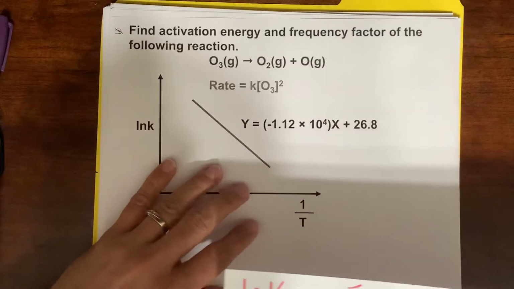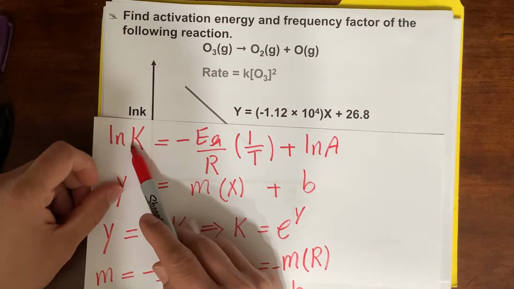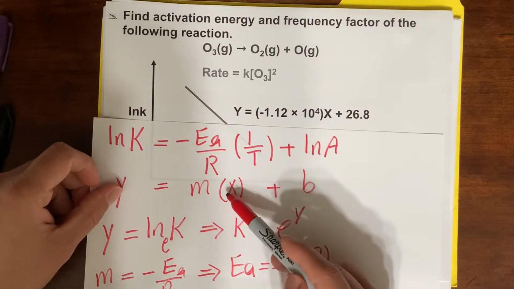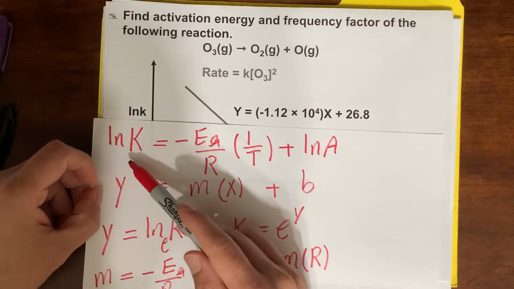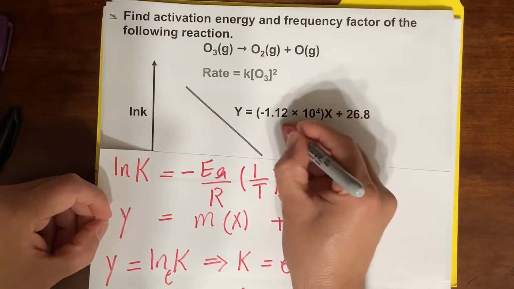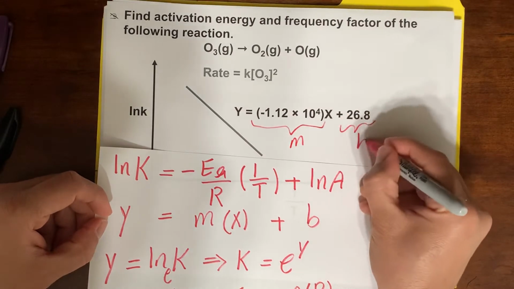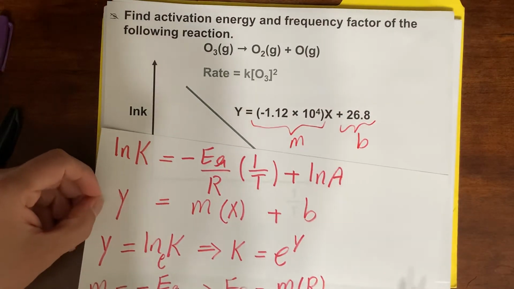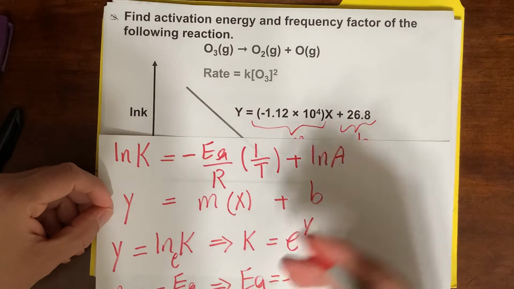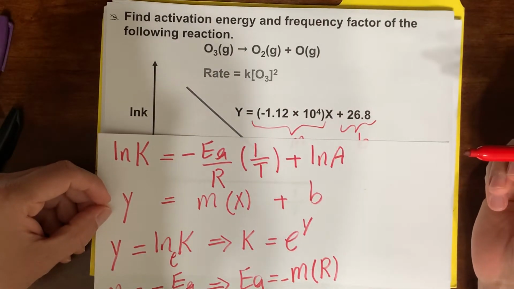Okay, so we have ln of k versus 1 over T, which is the variable. So this is going to be the slope. And this one will be the b, or the intercept. Okay, so now it says find the activation energy and find the frequency factor.